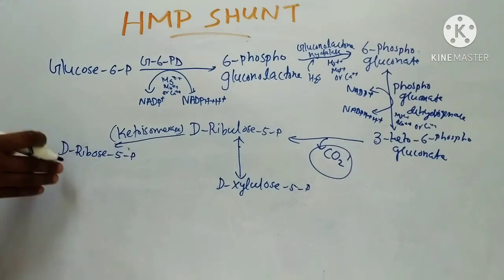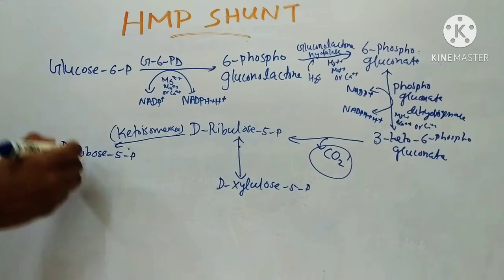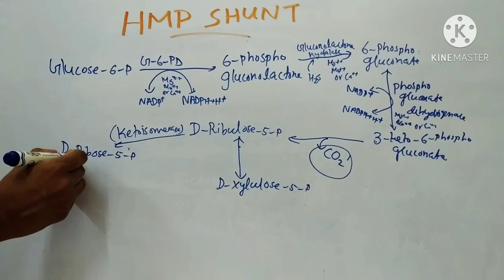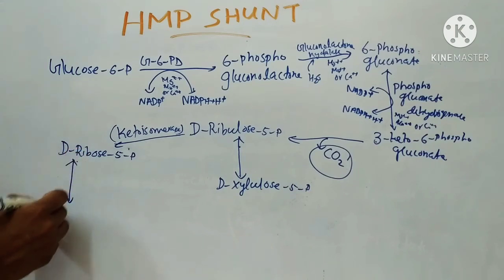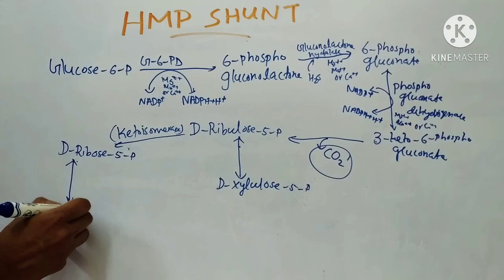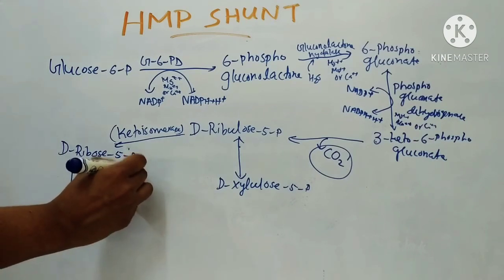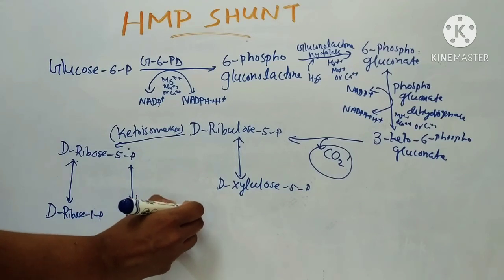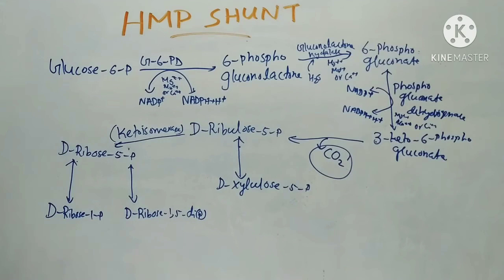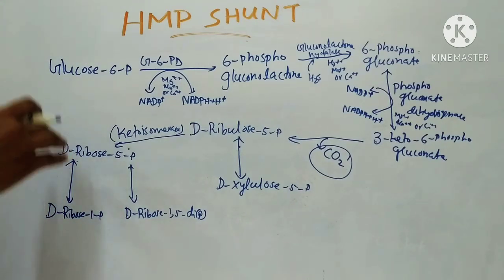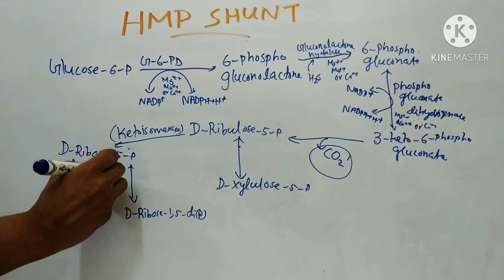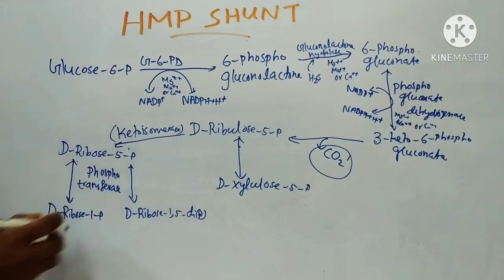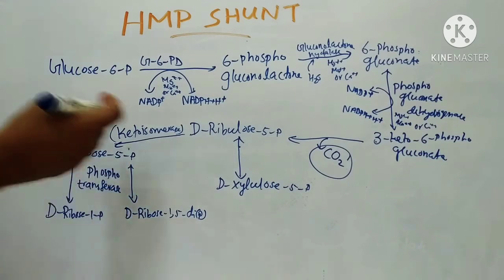The formed D-ribose 5-phosphate can be converted to D-ribose 1-phosphate and D-ribose 1,5-diphosphate by the enzyme phosphotransferase.